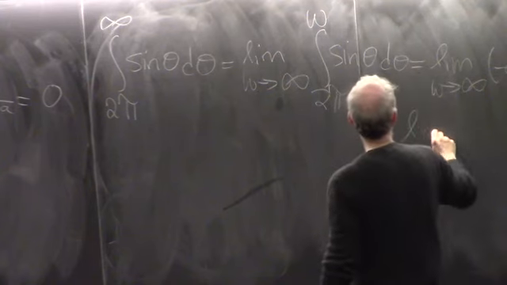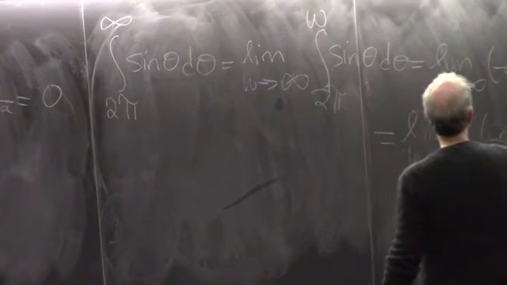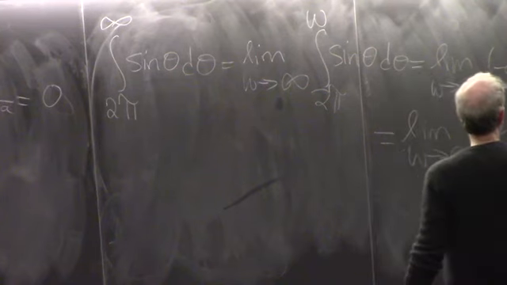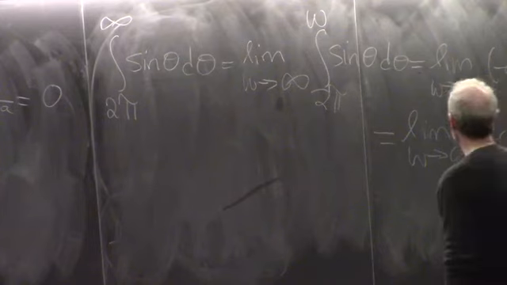That's the limit as w goes to infinity of minus cosine of w plus cosine of 2 pi. So even though cosine of 2 pi is 1, the limit as w goes to infinity of cosine of w does not settle, so you can stop. So this one is divergent.